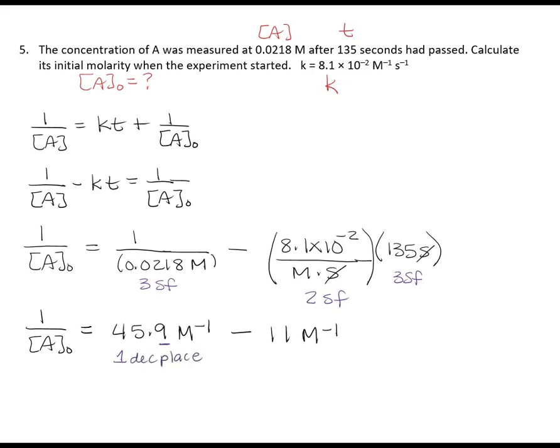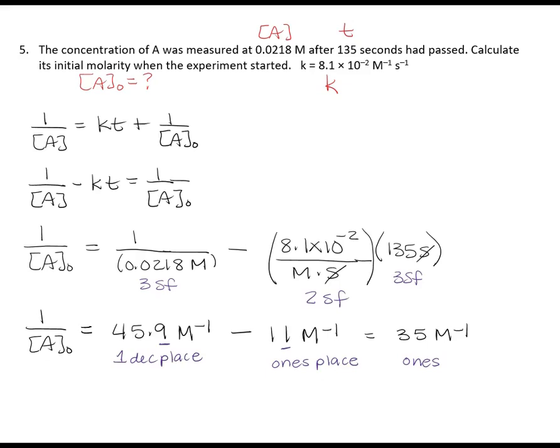I need to look at the fewest number, and I have the ones place. So my final answer here will be rounded to the ones place. So I have 45.9 minus 11 gives me 34.9 or 35 inverse molar. And this is to the ones place.